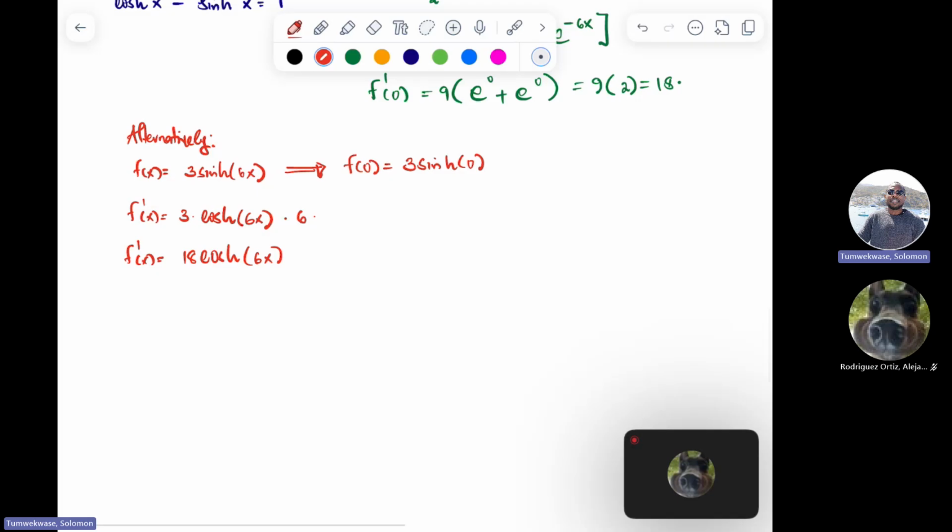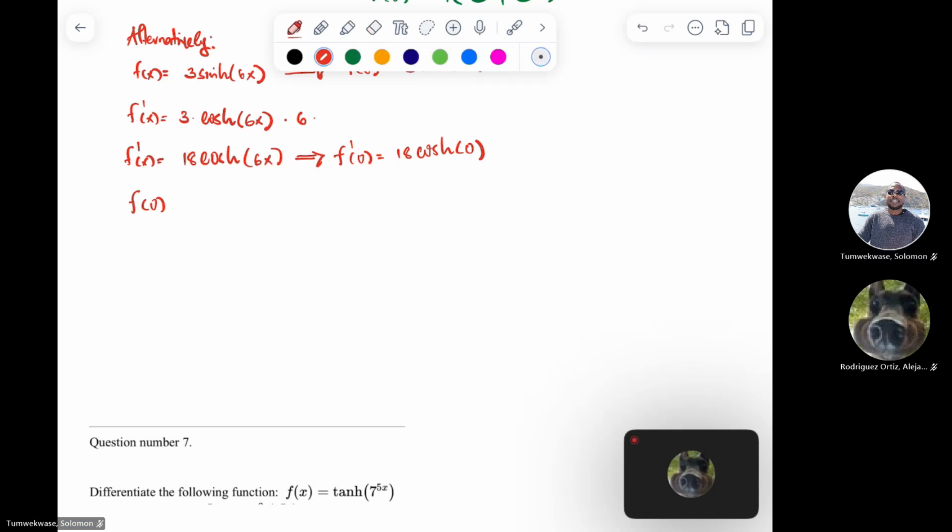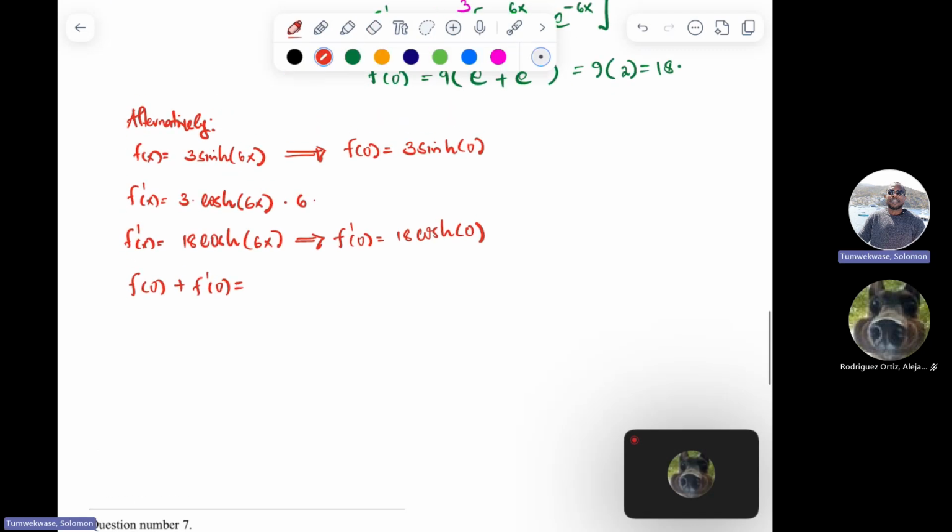And if I have this as my derivative, then f prime of 0 is 18 cosine hyperbolic of 0. Now, f of 0 plus f prime of 0 is what they are asking for, and this is 3 sine hyperbolic of 0 plus 18 cosine hyperbolic of 0.